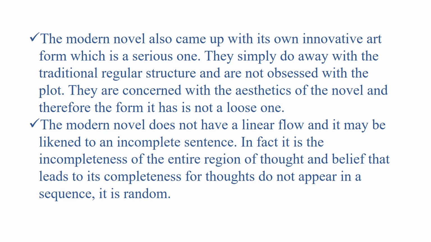And since the entire region of thought and belief is incomplete, it is the incompleteness of this entire region of thought and belief that leads to the completeness of the novel, because we know that thoughts can never appear in a sequence. They are random, and therefore they can never have a linear flow.